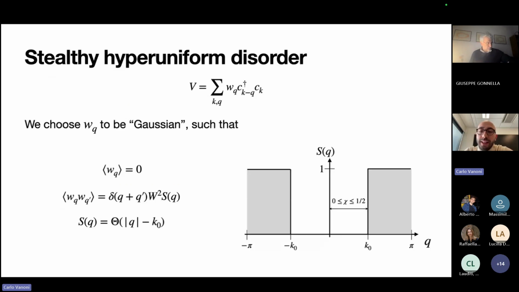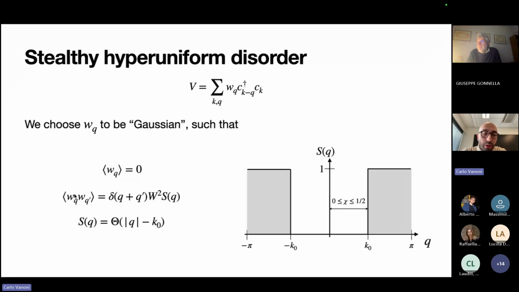And now we define the disorder that we would like to be dealing with, the hyperuniform disorder. We choose it to be Gaussian, let's say, in the sense that these WKs, which are the Fourier transform of the real space potential, have 0 mean, which is something that is usually done.